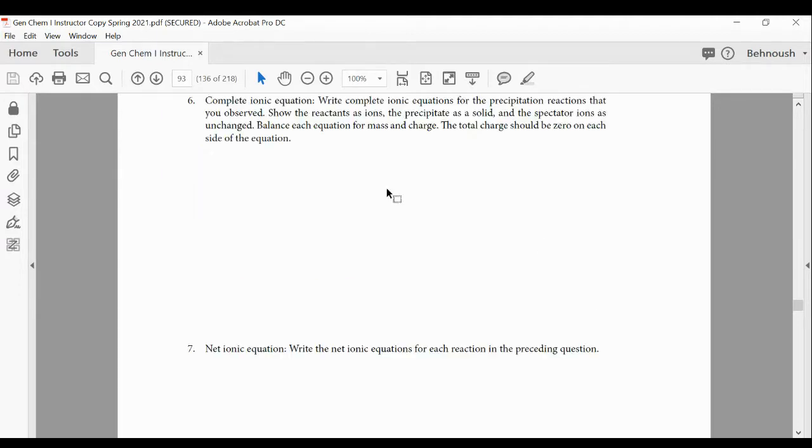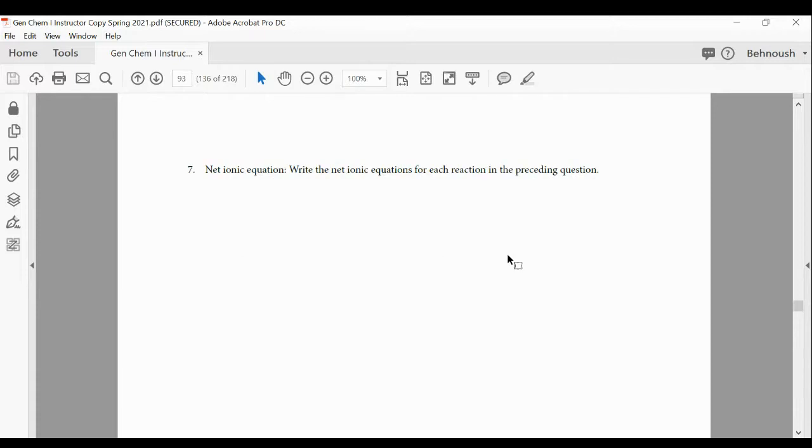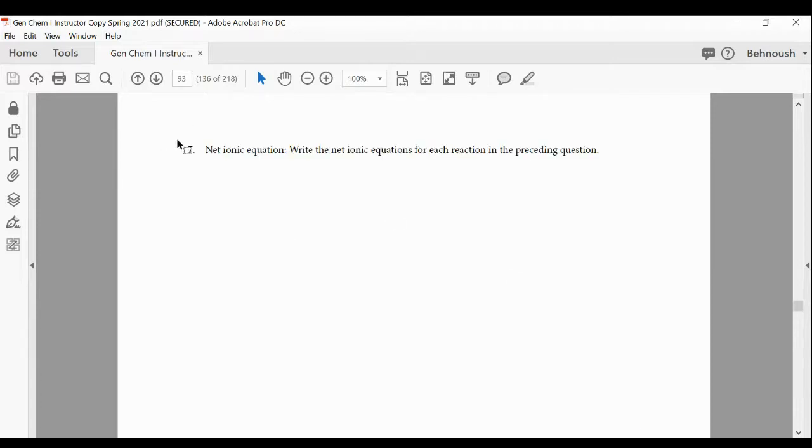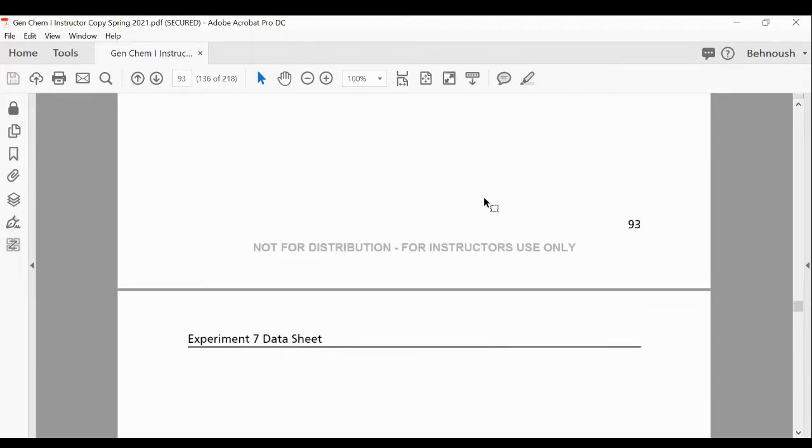And there might be some no reactions. So if there's no reaction, you don't have to bring it for answering questions 6 and 7. And for the net ionic equation, you just cancel the spectator ions and you end up with the net ionic equation.